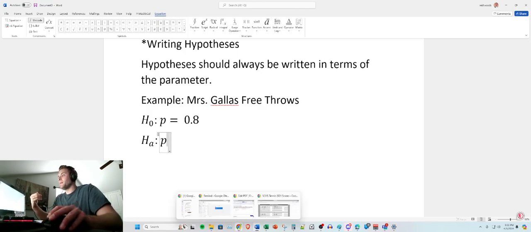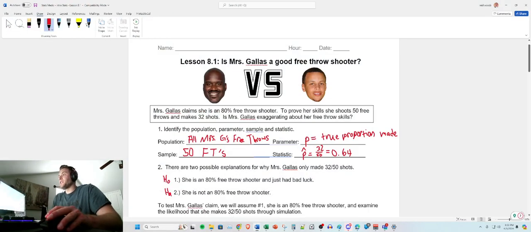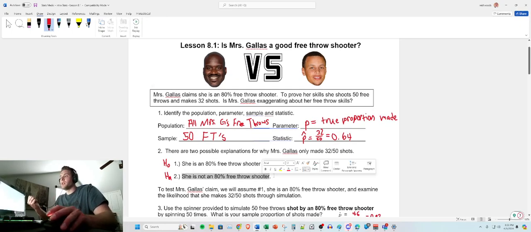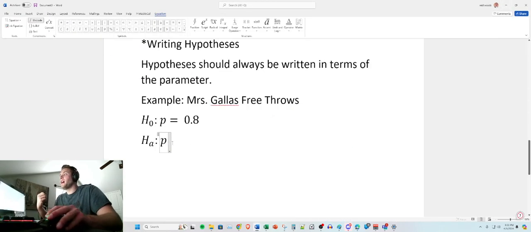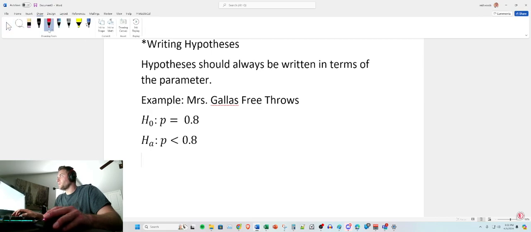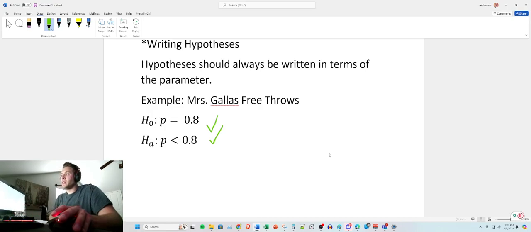And what we wanted to show with that was that we think that since she's exaggerating, it's less than. Okay. Not just that she's not an 80% shooter, she's actually worse than 80%. And so with that, we're going to use a less than, and we'll put the 0.8 in there. Okay. And there it is. That is correct, that would get you credit on the My Open Math, just setting up a hypothesis. And that's how you do it.